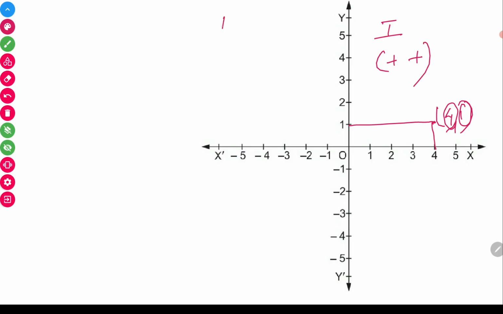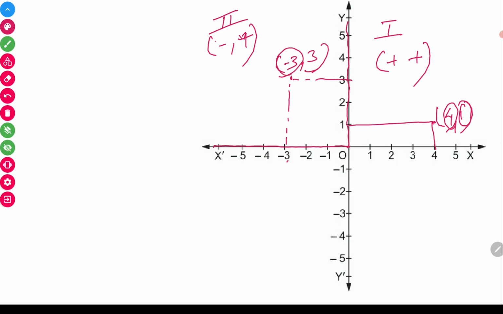Similarly, come to the second quadrant. In this, you can see the negative numbers of x and the positive numbers of y. So in this quadrant, x will be negative and y will be positive. If you take any point in this quadrant, this point is x is -3 and y is 3. Suppose you take this point: x is -5, y is 2.